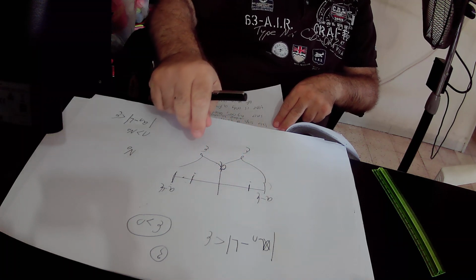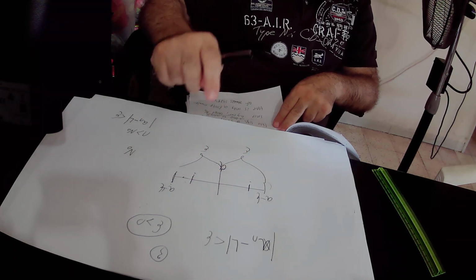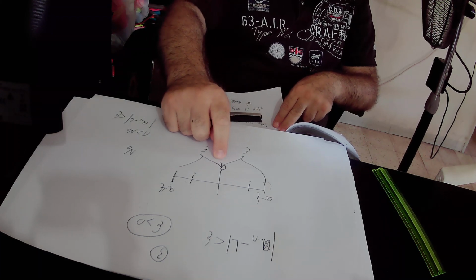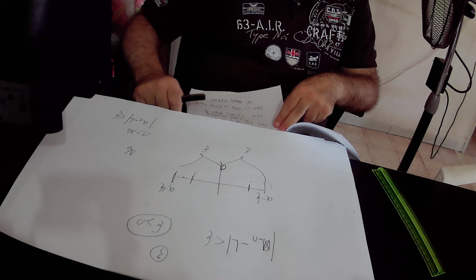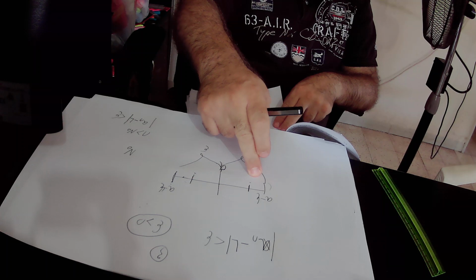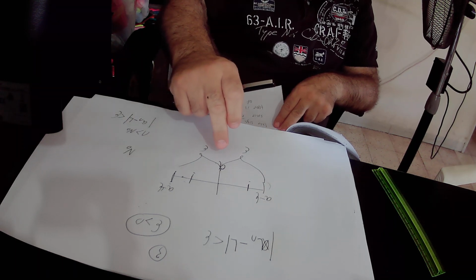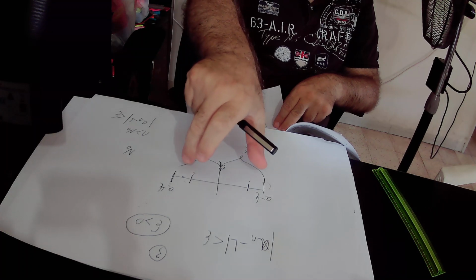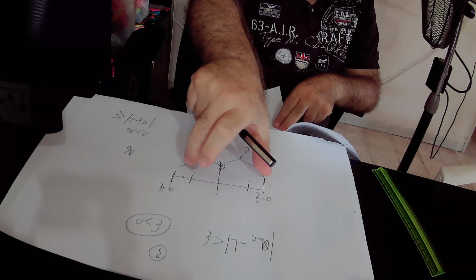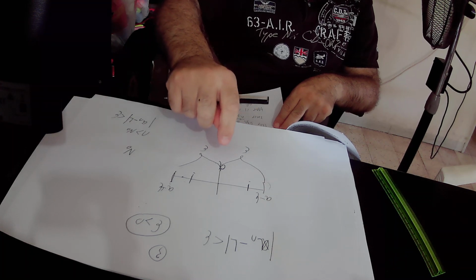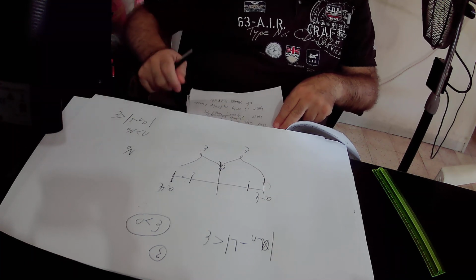Therefore, it will be the proof that A is indeed the limit of the sequence, because infinite members of the sequence are located in the vicinity of A, that is to say, inside those two brackets. We can say that the limit of the sequence is A.